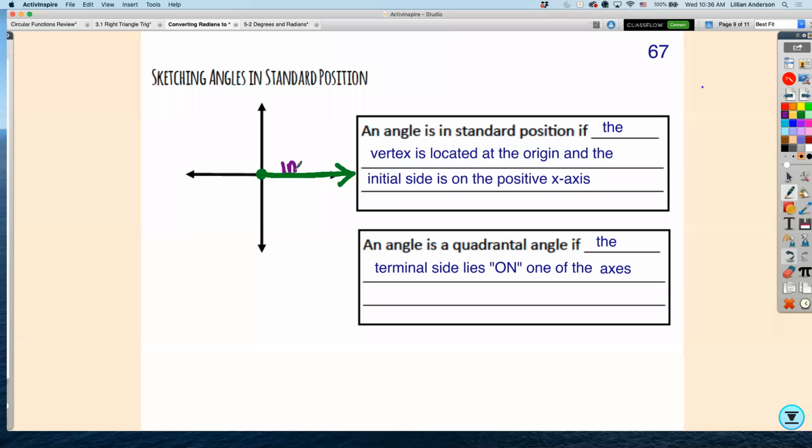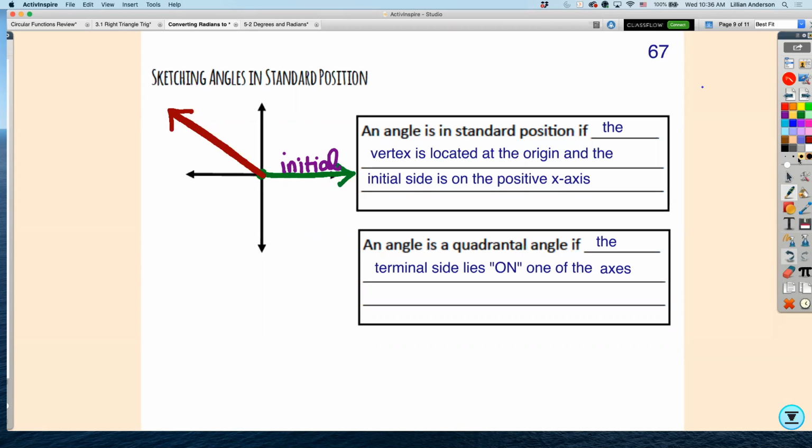This is known as the initial side of your angle. Now, the other side that creates your angle is called your terminal side. And your terminal side is the side that moves. It's the side that creates the angle with the initial side, okay?